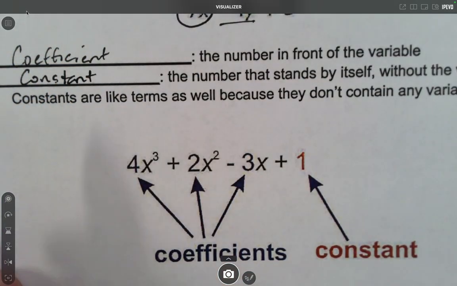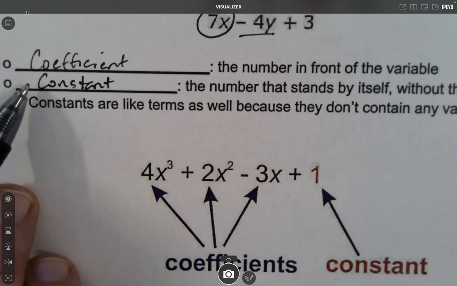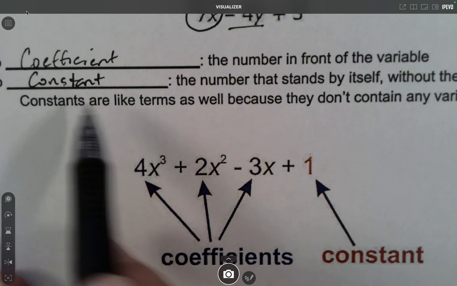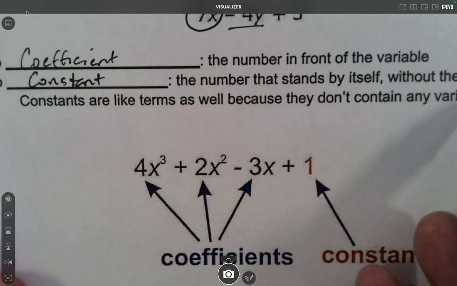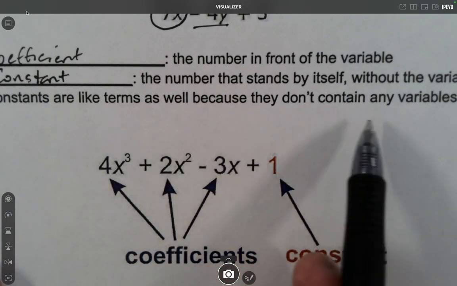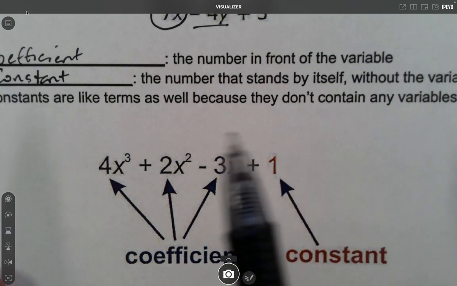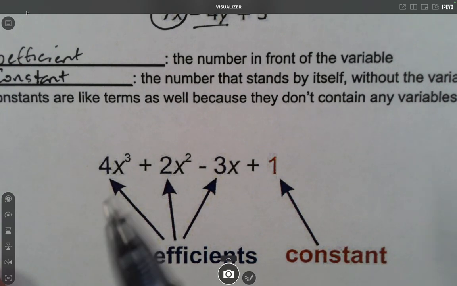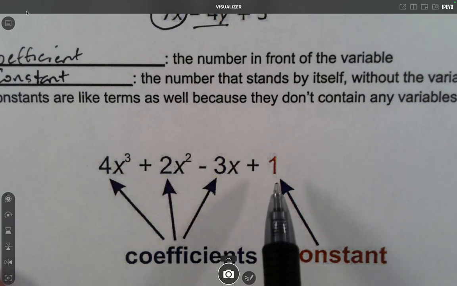So a number can be either one of these, but it cannot be both at the same time. So a constant is a number that stands by itself without the variable. Constants are like terms to each other because they don't contain any variables. So that's the same variable pattern because the pattern is there aren't any. So make sure you understand the difference between coefficients and constants.